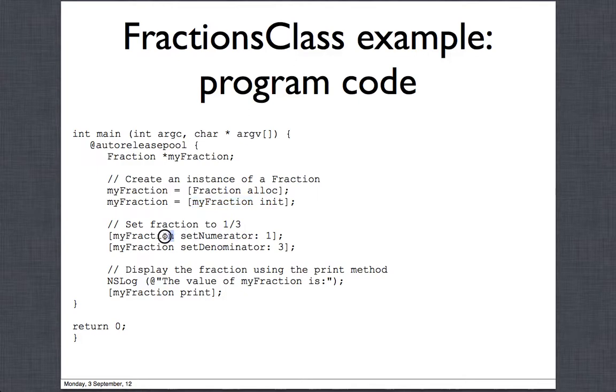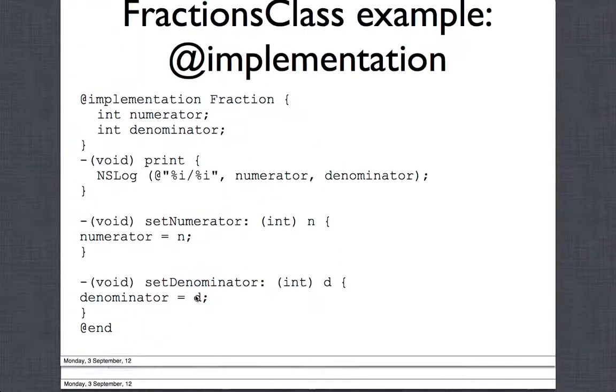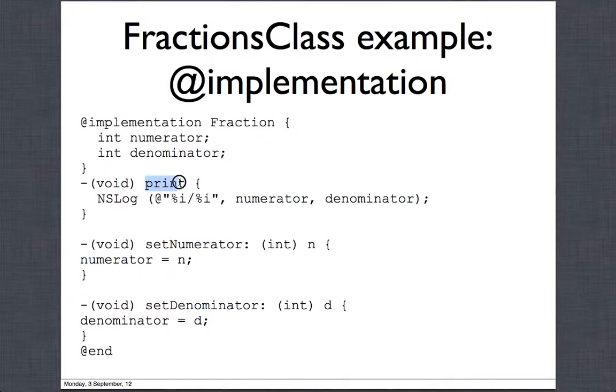So we're using myFraction, something we just created, and we're sending it a message setNumerator with the parameter 1 and setDenominator with the parameter 3. And then we can just say myFraction print. This sends a print message to myFraction, and we're going to call this method, which will print our 1 and 3 and a division symbol between them.